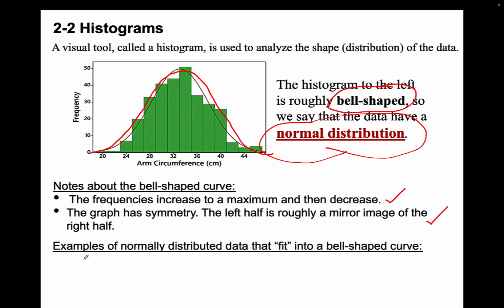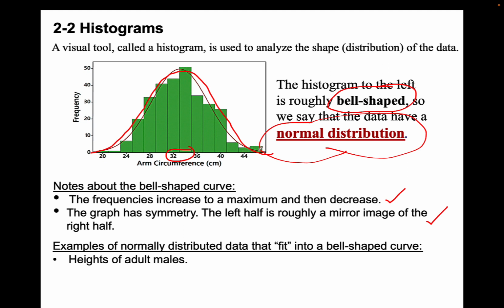We're moving on to examples of normally distributed data that fit into the bell-shaped curve. One would be the heights of adult males. So males, if this was a histogram representing your heights, majority of you would be toward the middle. Like we'll learn measures of center. This would say the average height of a male. That's where you would find the highest bars because it's where most men would lie, their heights.